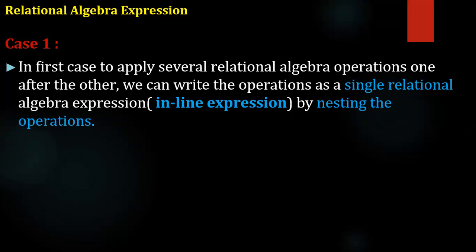All relational algebra operations are written one after the other in sequence as an inline expression. So this is one method. All instructions will be executed once and the final result will be given after executing all the operations.